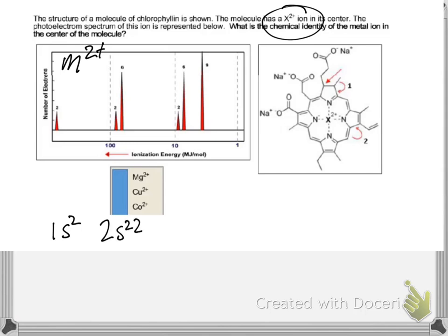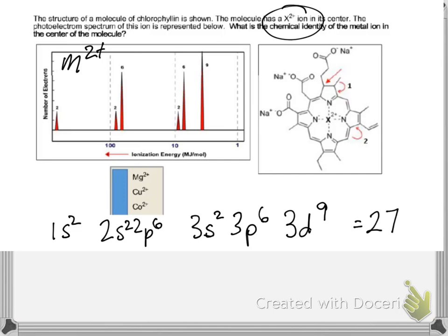Well, if we look at the PES spectrum, we see there's a 1s2, 2s2, 2p6, 3s2, 3p6, and a 3d9. Now we need to identify how many electrons there are. So we look at that, we see there's a total of 27 electrons.